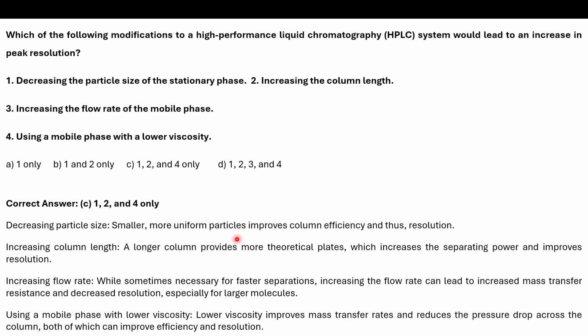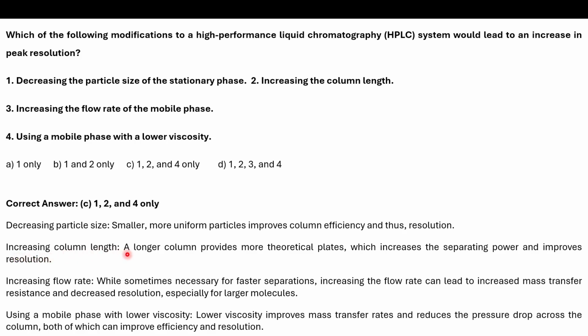Resolution means how sharp and well separated the two peaks are, how nicely it is able to resolve between two different molecular weight constituents of a sample in the chromatogram.